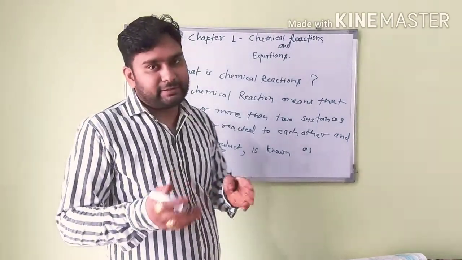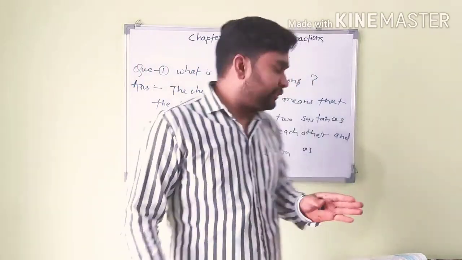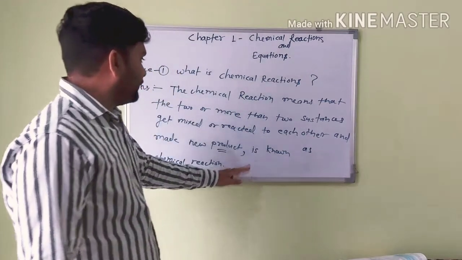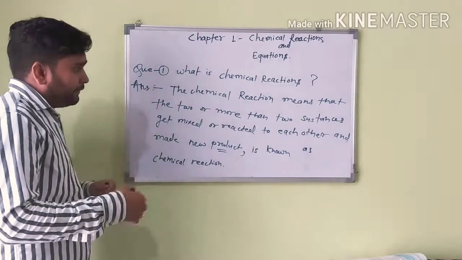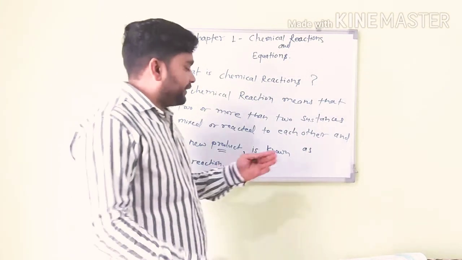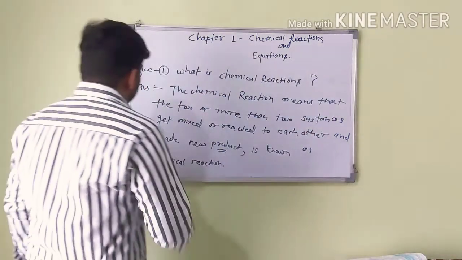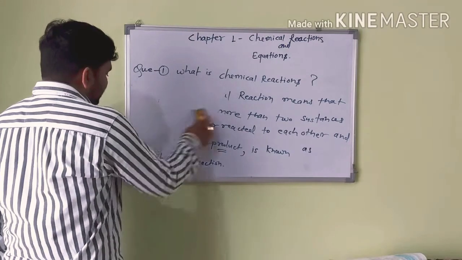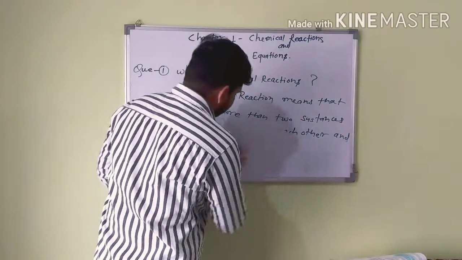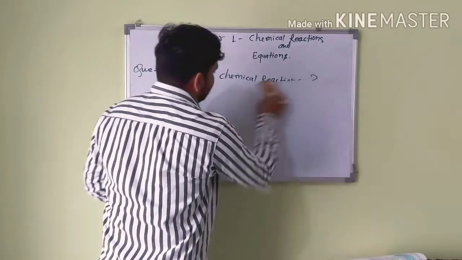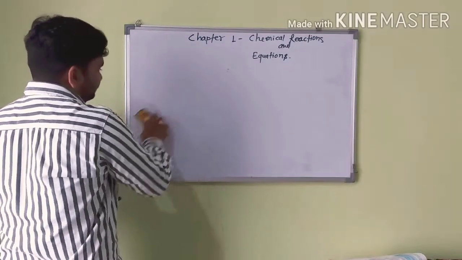Nothing is the same as the substances. So this is a chemical reaction. In this chapter we have different types of things to discuss, such as what the meaning of chemical reactions actually is and how these reactions are performed.